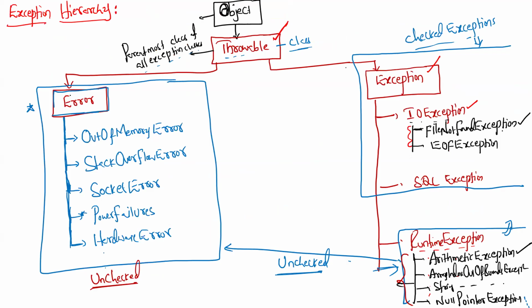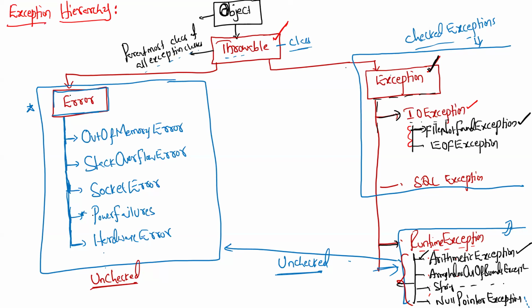Exception, man. This is the parent. Then it has one child called IOException, then a subchild called FileNotFound. Then Exception has one child called Runtime, then a subchild called ArithmeticException. Then who is the parent of all this? Exception.